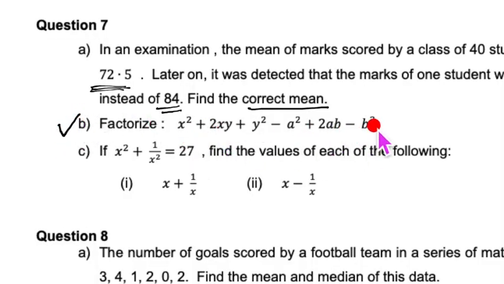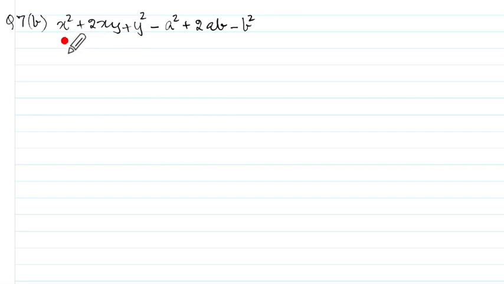We come to 7B, factorize. So let us write this down. In question 7B, you will see that this is a perfect square of x plus y, and here if we take out the minus sign common, let's see what we get. X squared plus 2xy plus y squared.